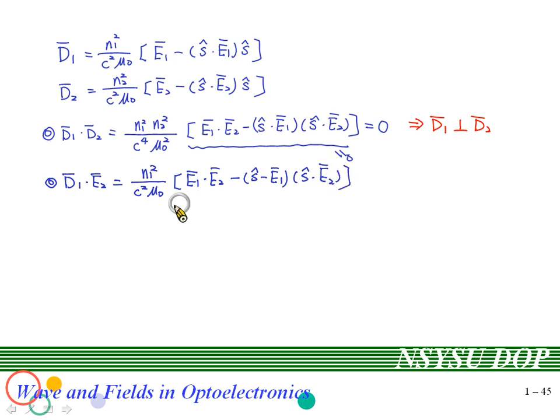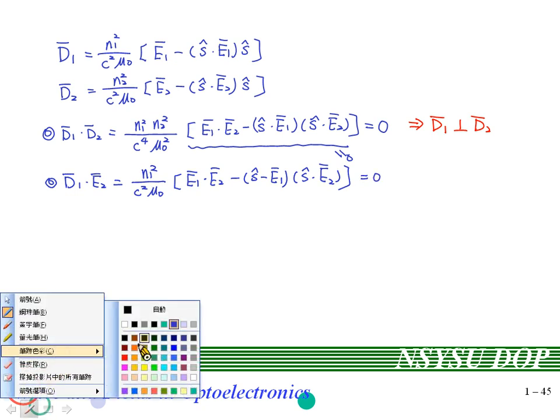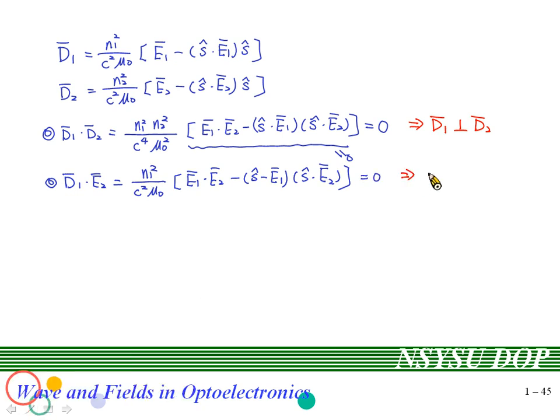And again, we have another 0 term here, so the result for D1 dot E2 is also 0, which tells us that D1 is also normal to E2. Okay, and clearly you can prove that D2 is normal to E1.